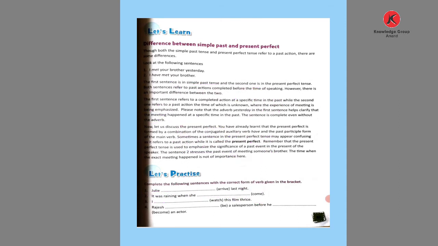Now number three: I blank this film thrice. Here see the word thrice. First time he had seen, second time, and thrice, but next time means the fourth time also he may see. So this is not the simple past tense; we use present perfect tense.